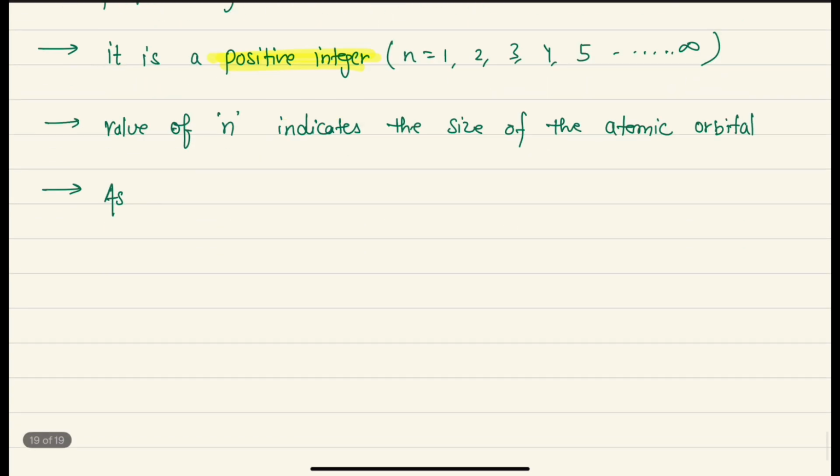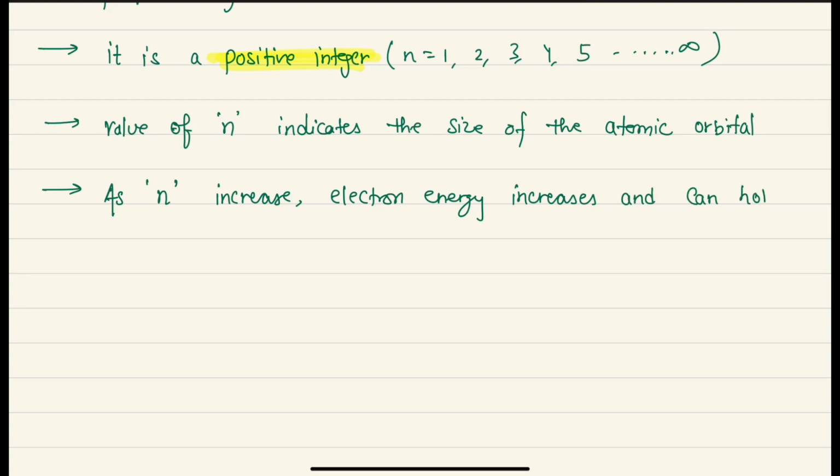So you can write here, as n increases, as the principal quantum number increases, electron energy increases, and it can hold more electrons.